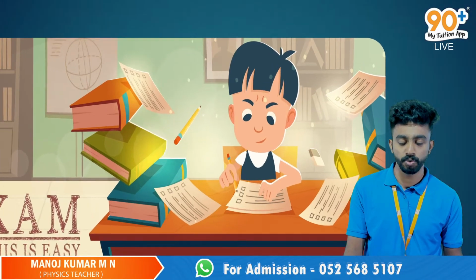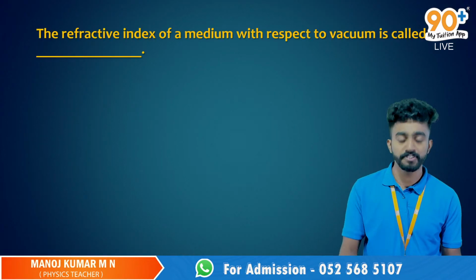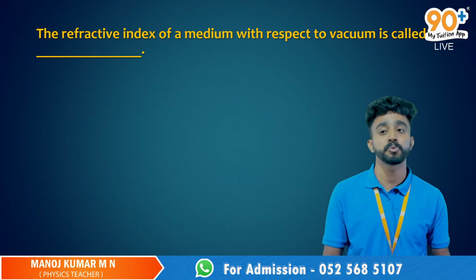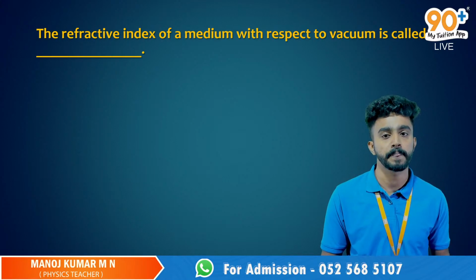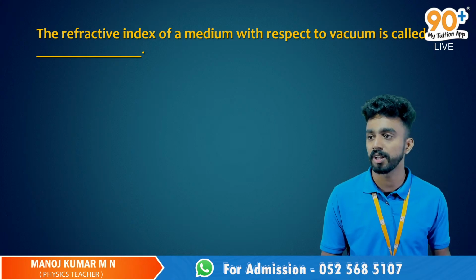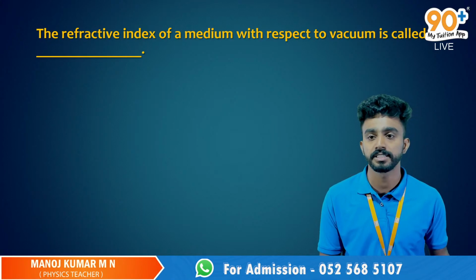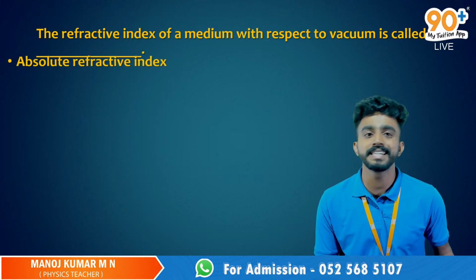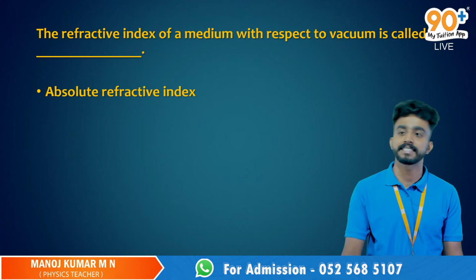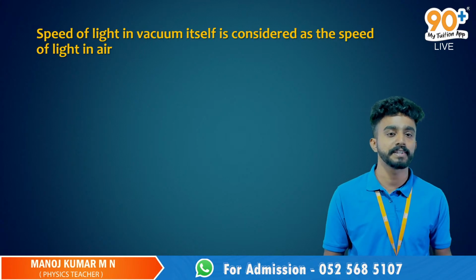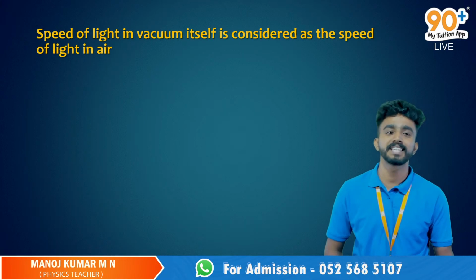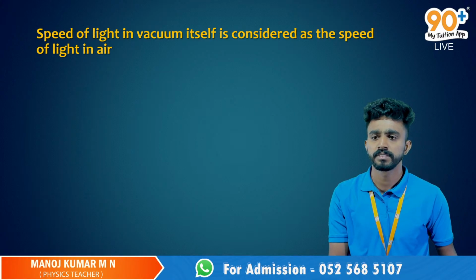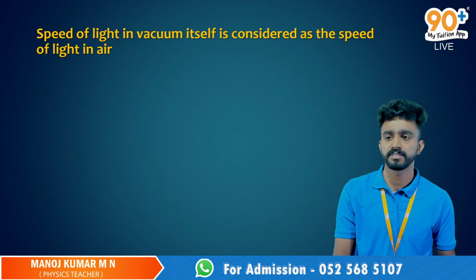The first question was: the refractive index of a medium with respect to vacuum is called dash. You guys know it, right? Of a medium with respect to vacuum, it is the absolute refractive index. Next: speed of light in vacuum itself is considered as the speed of light in air. True or false?